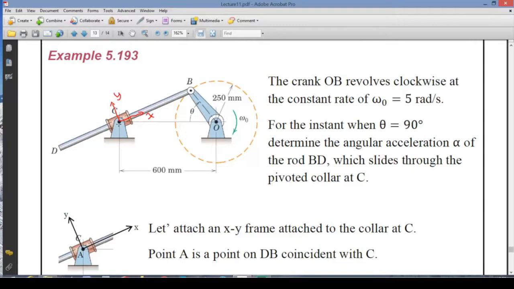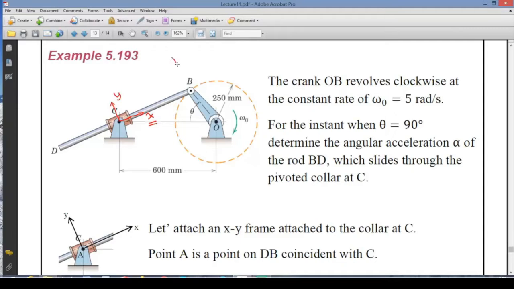It is moving back and forth, inside and out of this collar, in the X direction. So I can write out another equation based on this interaction of this collar and this link BD, and for sure, the motion will be in the X direction.